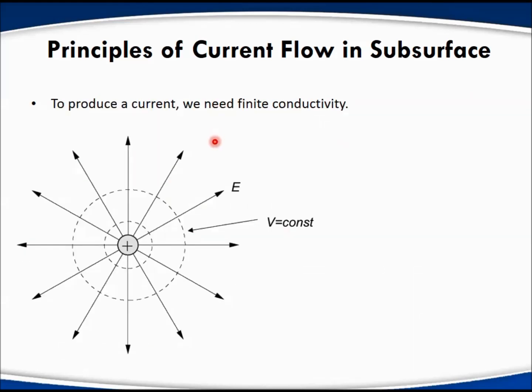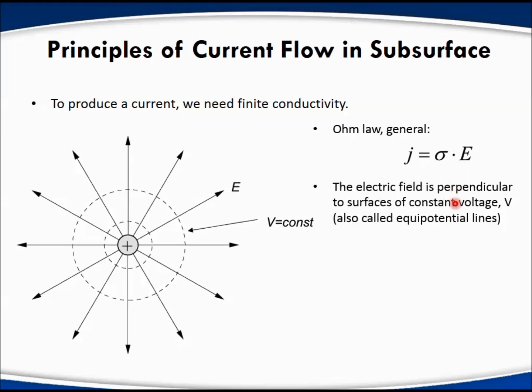So in order to produce a current, we need a finite conductivity, where according to Ohm's law, the current density J is equal to conductivity times electrical field, just like what we studied in the previous lecture. So the electrical fields are perpendicular to the surface of constant voltage.